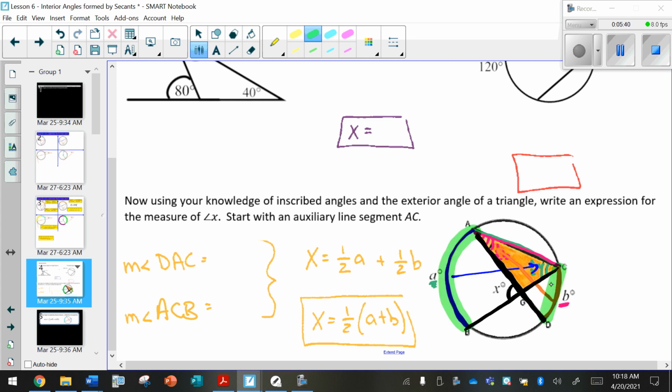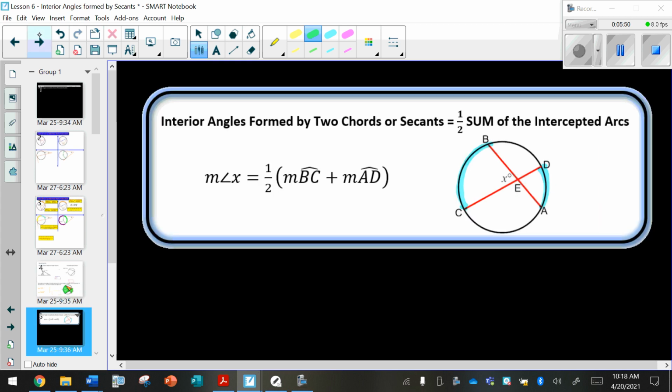So there's our two arcs. And the angle X is half the sum of those two intercepted arcs. So interior angles formed by two chords, or you could have secants if they were drawn longer, equal half the sum of the intercepted arcs.